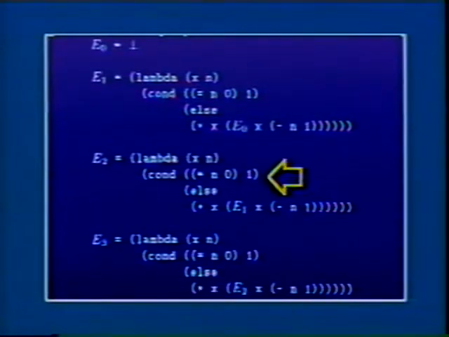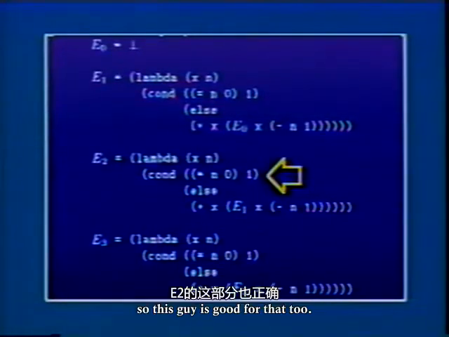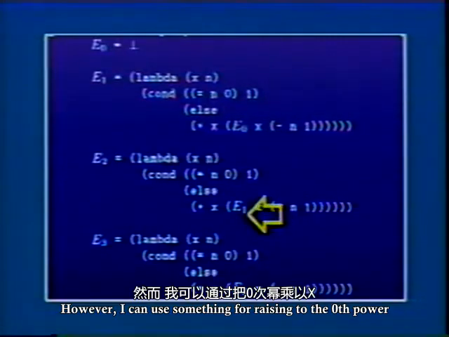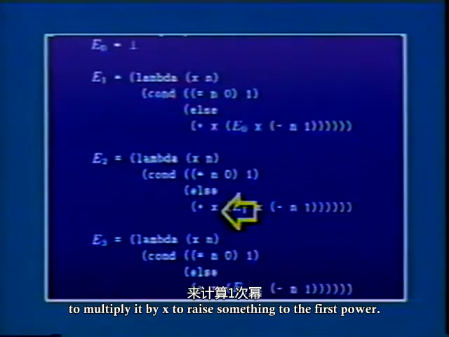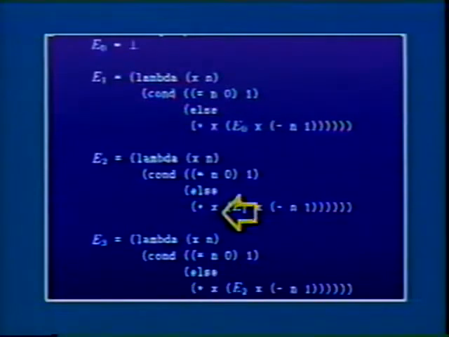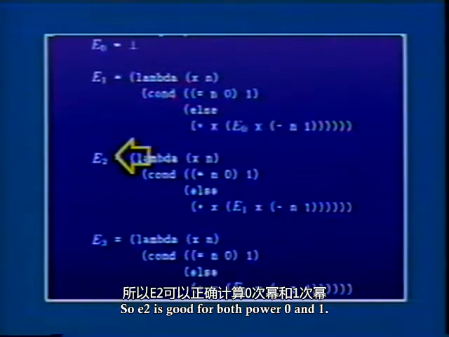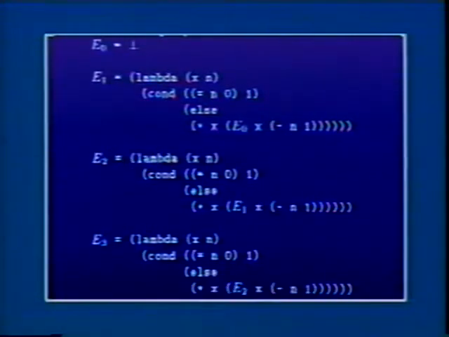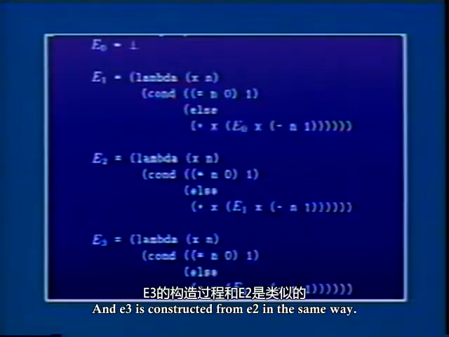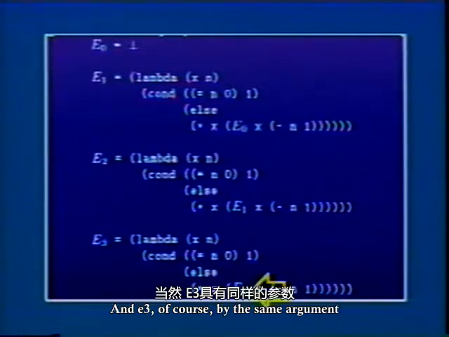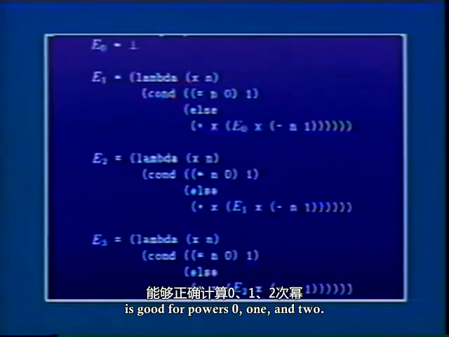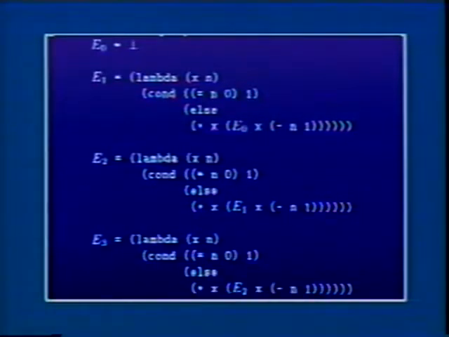So here, if n is 0, the result is 1, so this is good for that too. However, I can use something for raising to the 0th power to multiply it by x to raise something to the 1st power. So E2 is good for both powers 0 and 1. Okay? And E3 is constructed from E2 in the same way. And E3, of course, by the same argument, is good for powers 0, 1, and 2.